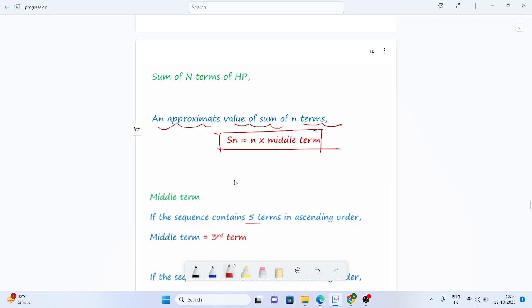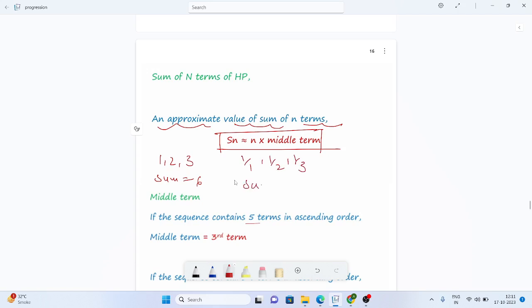Okay, and students also make one mistake. They say, like AP is 1, 2, 3, so the sum is 6, but then what they do, if I take it in HP, is 1 by 1, 1 by 2 and 1 by 3.